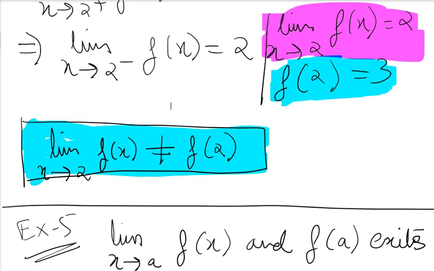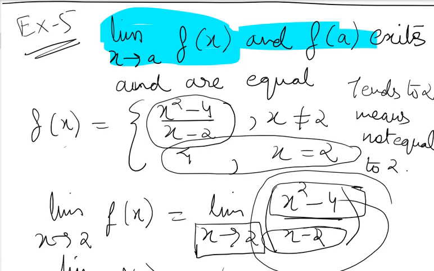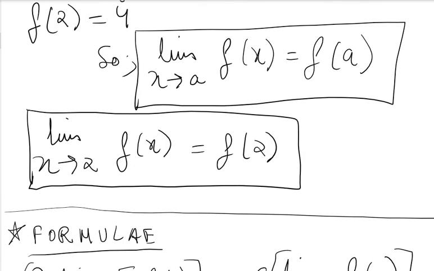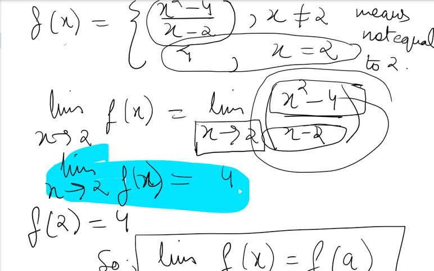Now, in example number 5, we learned that the limit of f of x and the function at a do exist, and are also equal to each other. Here you can see that the limit of the function exists; it's coming as 4.